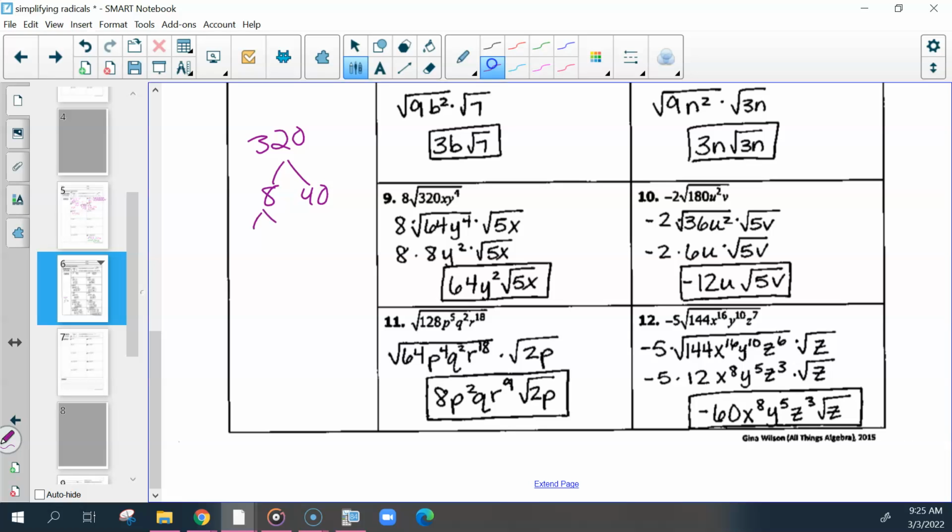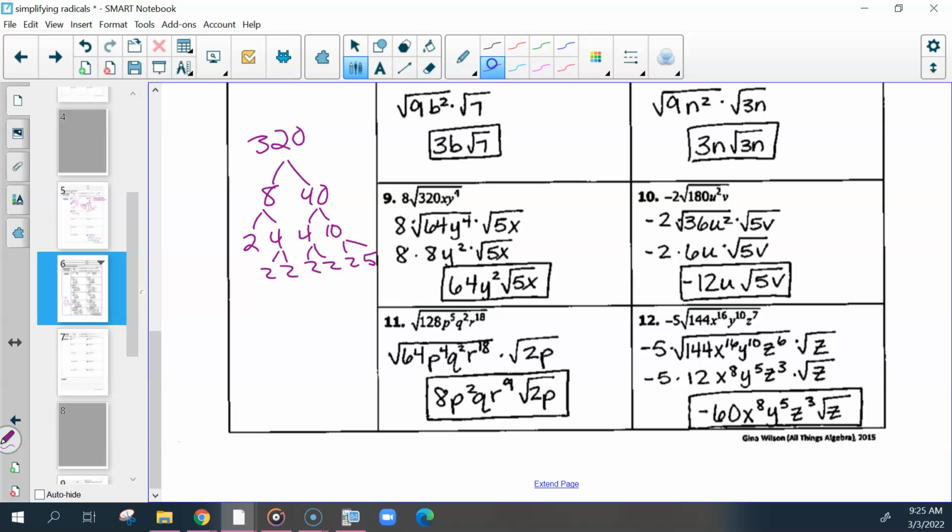Factors of 8 would be 2 and 4. Give me 2 factors of 40. 10 and 4. And then we can break down the 4s to be 2 and 2, and 2 and 2. Factors of 10. 5 and 2.